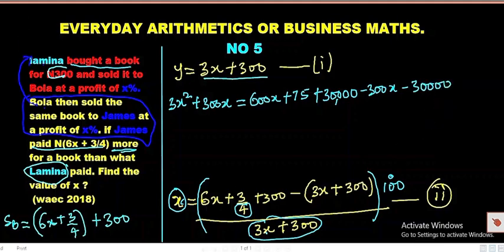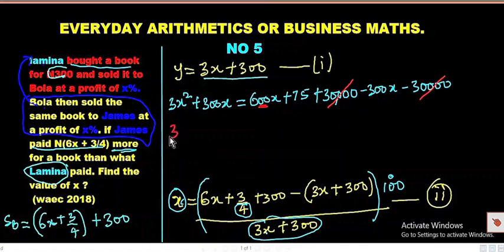So if you check this very well, you realize that they are cancelling each other. Let me show you what is cancelling each other. Plus 30,000 minus 30,000 is cancelling, so it's zero. The next thing is 600 minus 300 is 300.